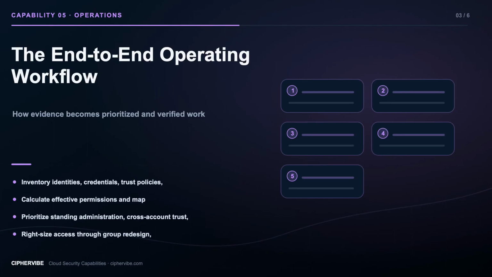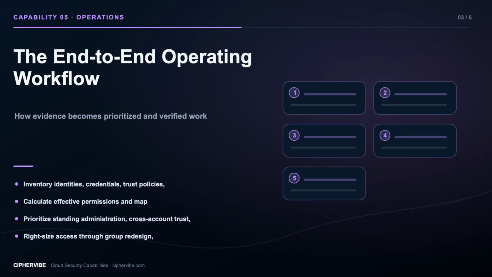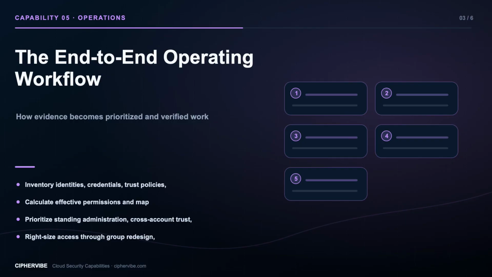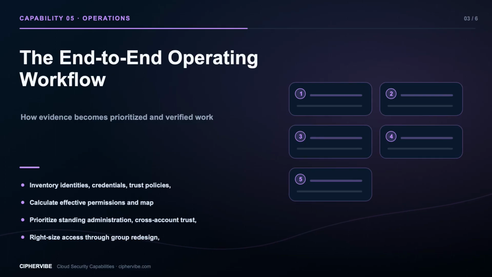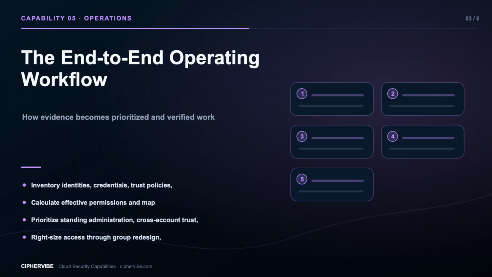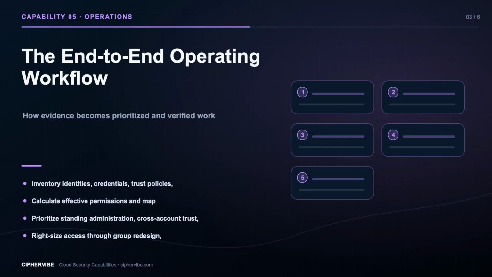First, inventory identities, credentials, trust policies, group membership, role bindings, resource policies, and federation providers. Second, calculate effective permissions and map each identity to owners, workloads, environments, and business purpose.